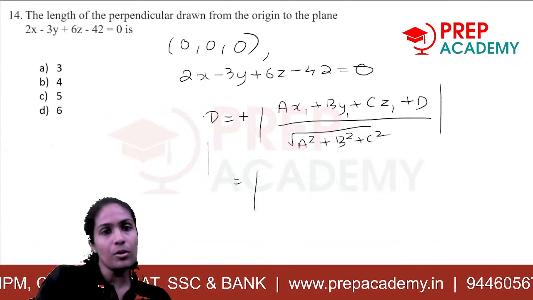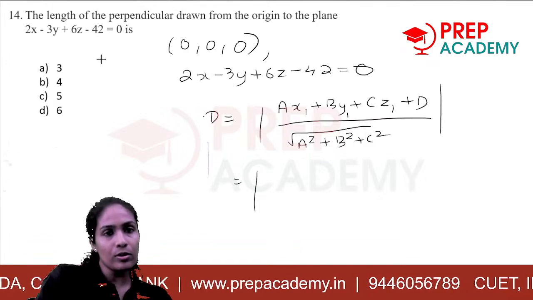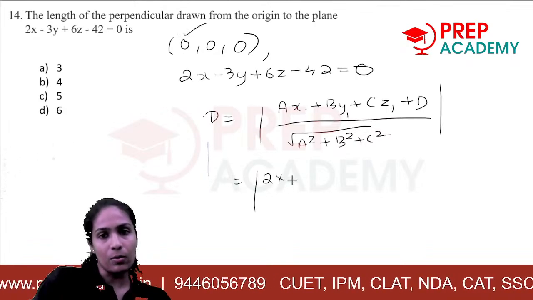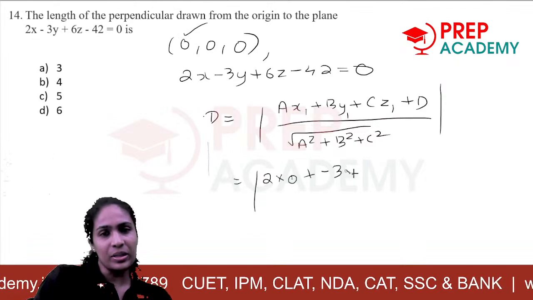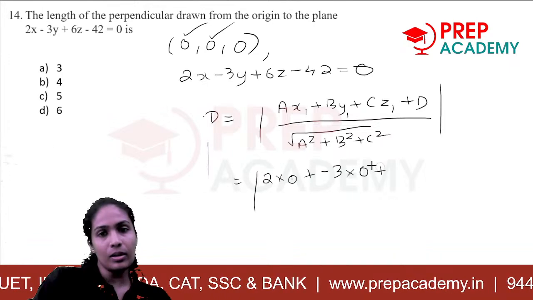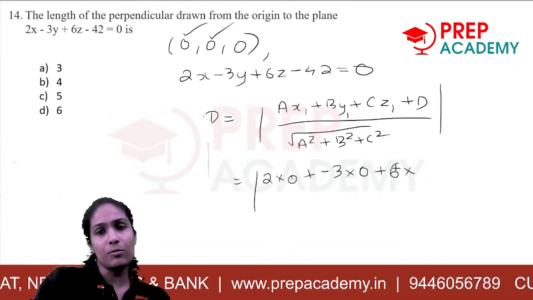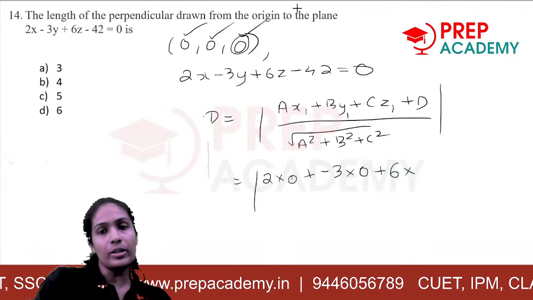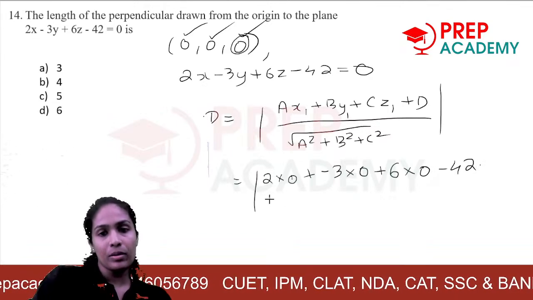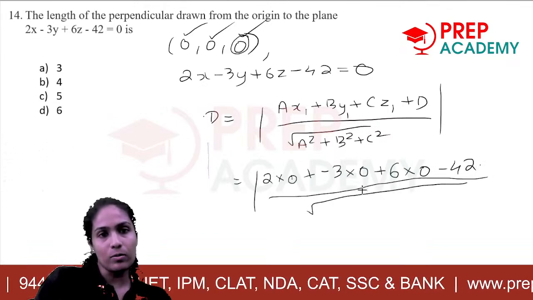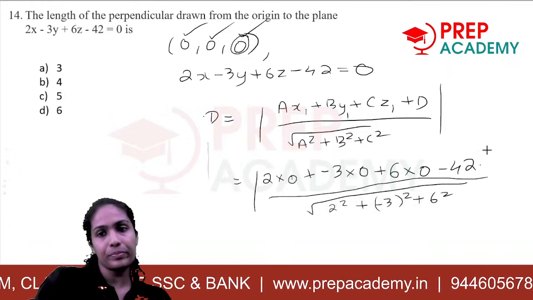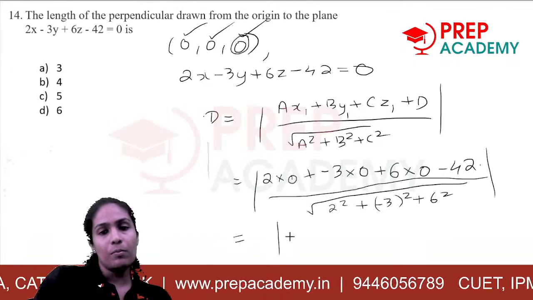Here a means the coefficient of x. 2 into x1, the x coordinate of that point, that is 0, plus b is minus 3 into y1, the y coordinate of that point, that is 0, plus c is 6 into z1, the z coordinate of that point, that is also 0, plus d means the constant, here the constant is minus 42, by root of a square is 2 square plus minus 3 the whole square plus 6 square.